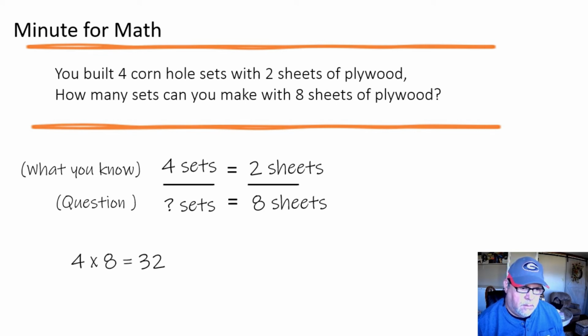Alright, 4 times 8, 32. Then we divide it by 2. What do we get? 16 sets. Is that what you got? That's what I got. Alright, let's go to another one.